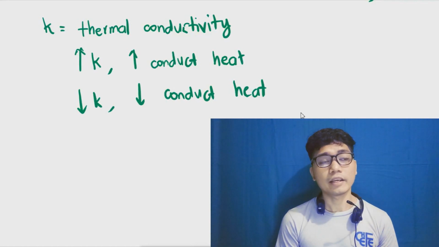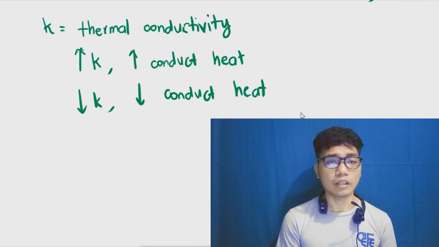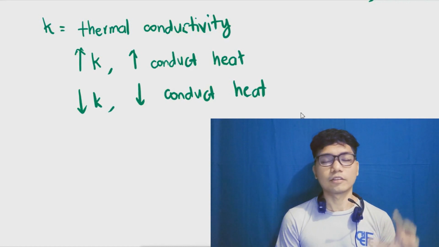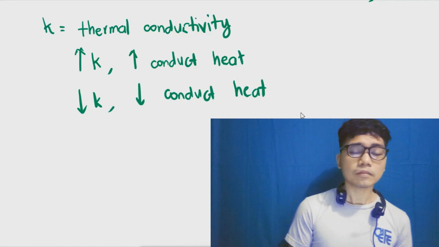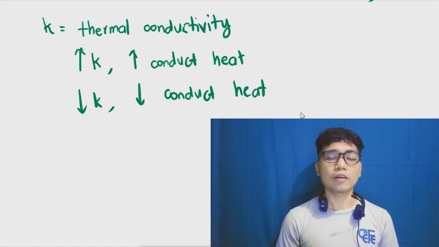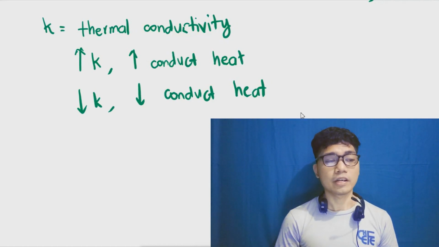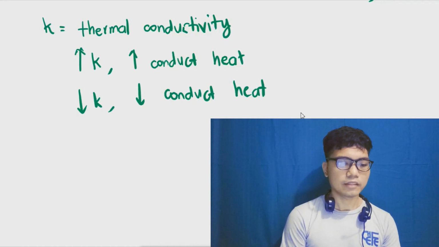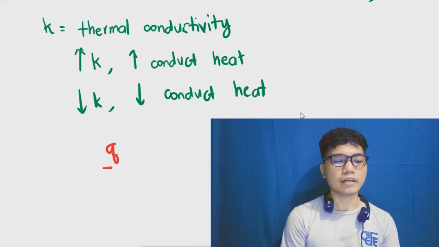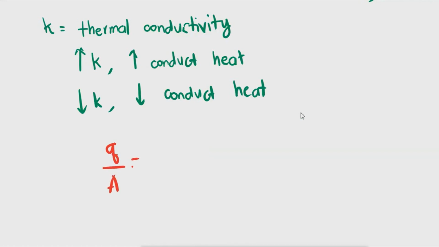Okay, let's try deriving the equations that we use in conduction. Okay, I'm sorry. So the only formula that you have to remember is the Fourier Equation. So with that, let's have this Q over A equal to K, then the temperature gradient over some resistance.